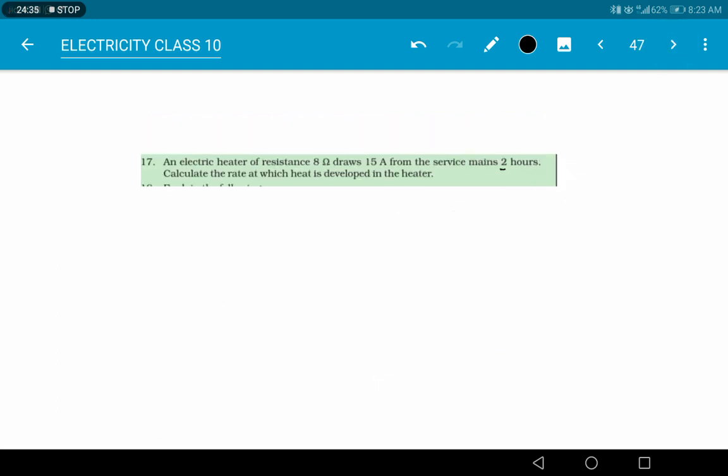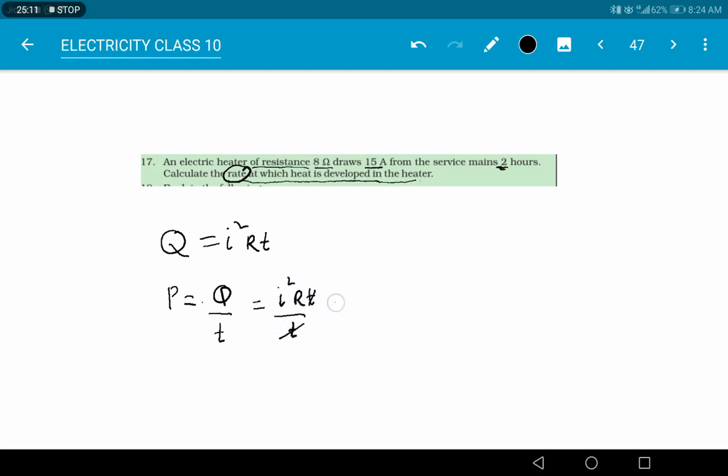Next one, an electric heater of resistance 8 ohm draws a current of 15 ampere from the mains for 2 hours. Calculate the rate at which heat is developed in the heater. Okay? So Q equals I square RT. They are asking the rate. Rate is nothing but power, Q by T. So I square RT by T, T gets cancelled.